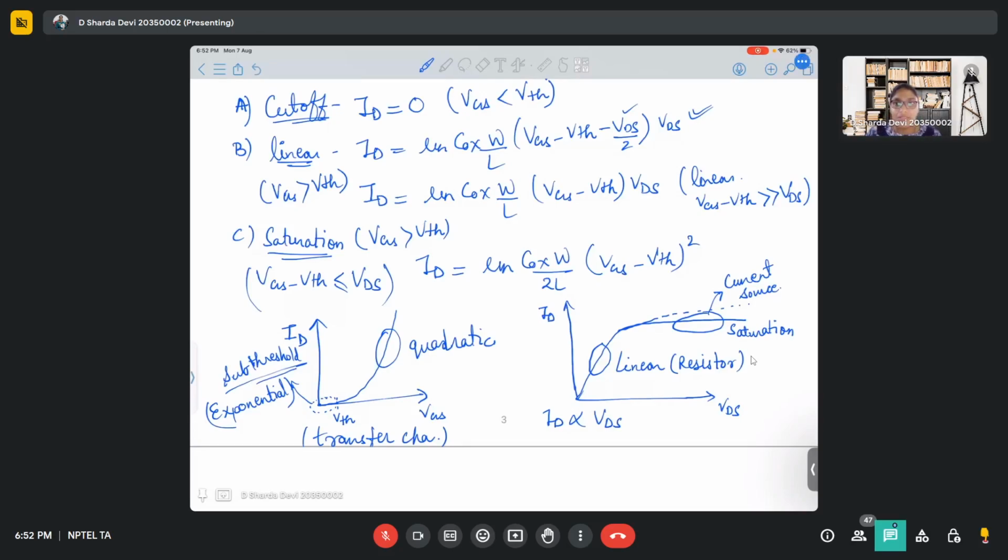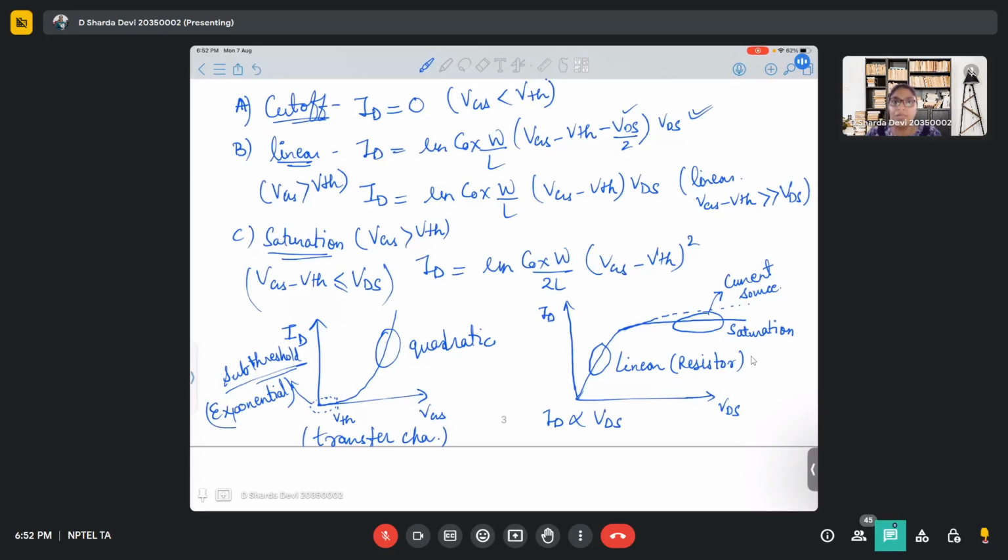Any other doubts? Why should we have an amplifier in saturation? Why not in linear? For an amplifier action, we use it in the saturation region. First of all, in saturation region, it behaves as a current source, and there is no dependency on VDS.